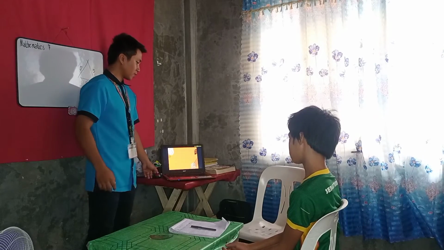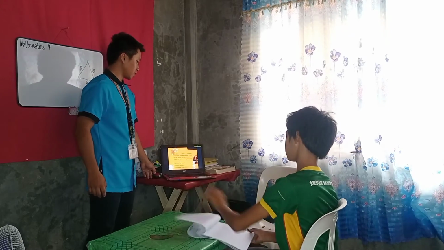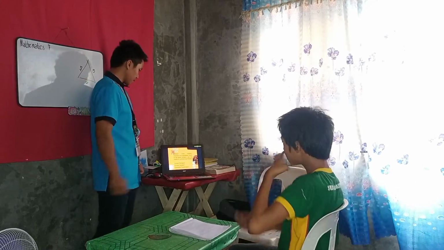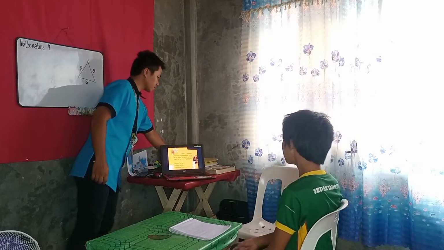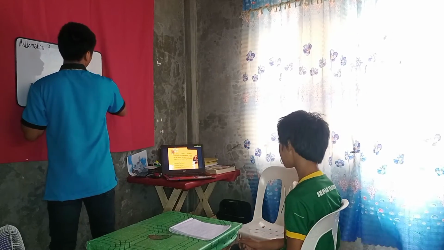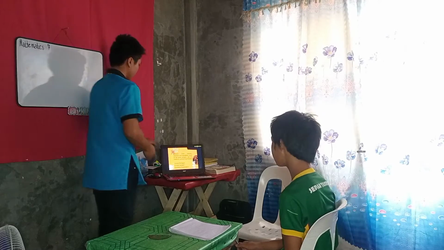Okay, bring out one whole sheet of paper and answer this question. Convex pentagon. Kindly read it, Win. Draw scalene, isosceles, and equilateral triangles inside the given polygon.